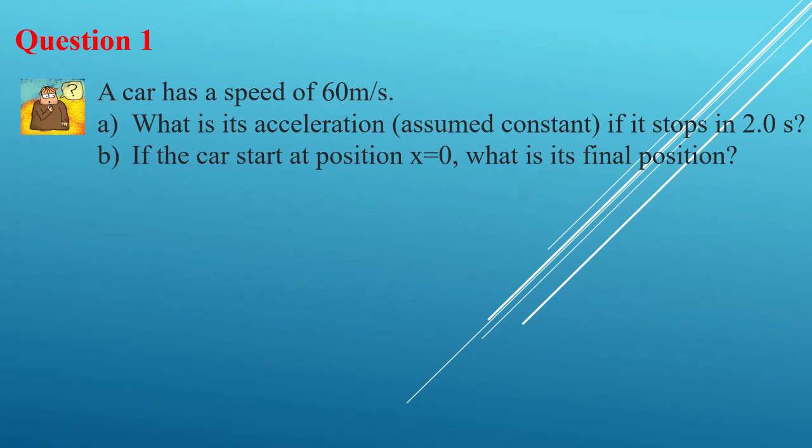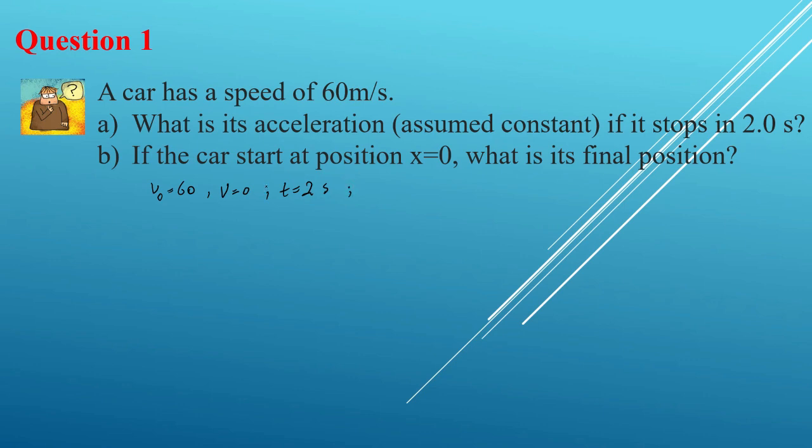So let me write down what I have again. My V0 is going to be 60. My V final is 0 because it's a stop. T is equal to 2 seconds, right?